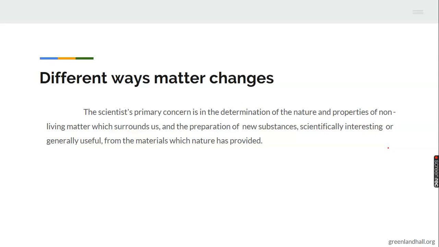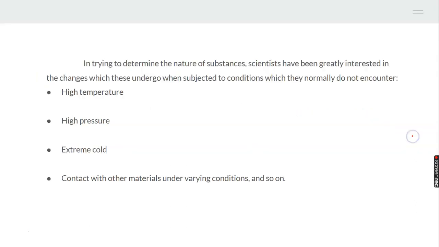Anything that has mass and occupies space is called matter. With the help of the determination of the nature of properties, scientists were able to come up with different ways by which non-living things change. So we'll be looking at them one after the other.